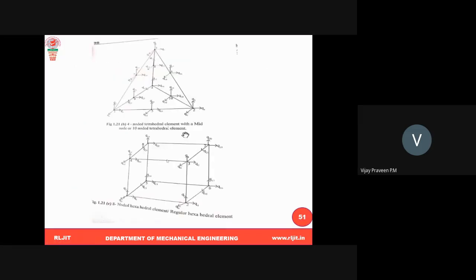One is the tetrahedron element, one is called the hexahedral element. 2 types will be there. Again in tetra there are 2 types: 4-noded tetrahedron, then 10-noded tetrahedron. So tetrahedron and hexahedron elements are 3D elements. In each node it has 3 degrees of freedom, that is q1, q2, q3. This is called nodal displacement along x, y, and z.